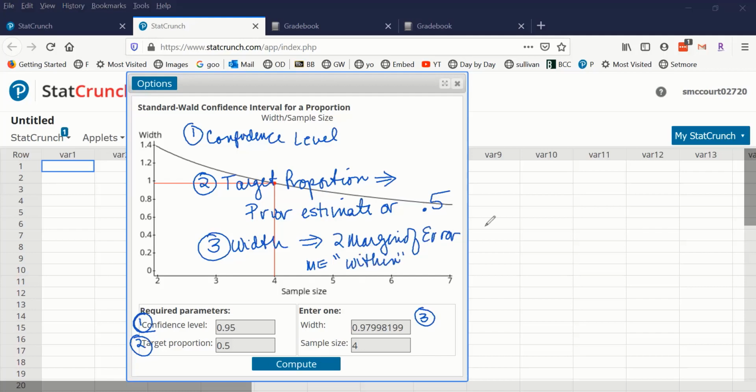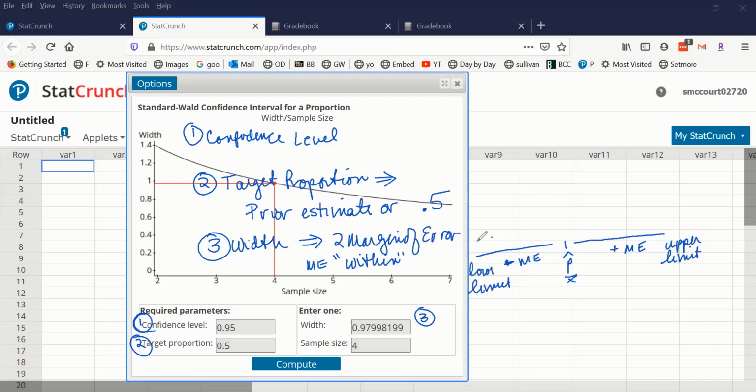And just a quick reminder that if you have your proportion or your x bar, either one, p hat or x bar, we're adding the margin of error on either side. So we subtract the margin of error here, we add the margin of error here, we get the upper limit and the lower limit.